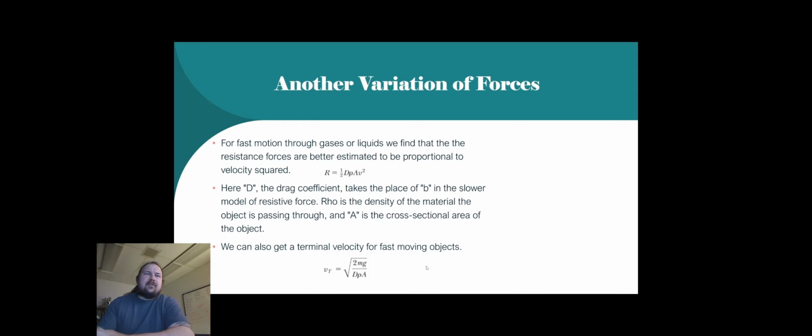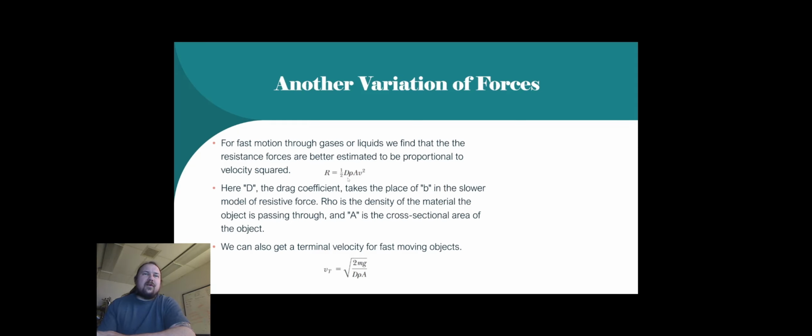First off, we have that this resistive force here, now it's not in vector form, so we're negating the minus sign here, but remember that resistive forces are always going to work against the motion. It's just equal to 1/2, and then multiplied by this capital D term, and the capital D term is what is known as the drag coefficient. In a lot of ways, it takes the place of the B term in the slower model for the resistive forces.